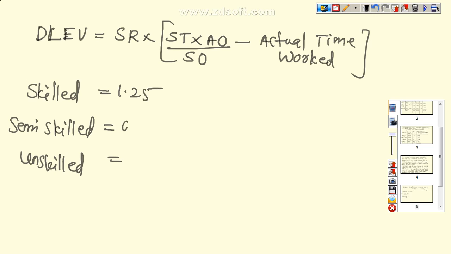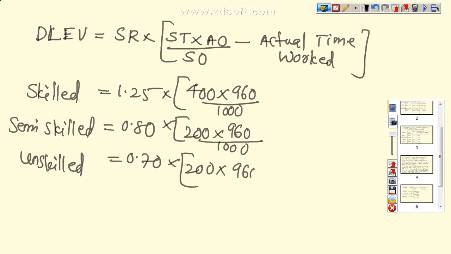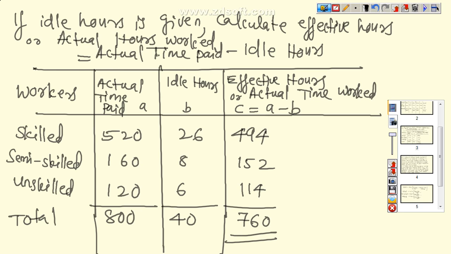So 1.25, 0.80, 0.70 multiplied by standard time, we know 400, 200, 200 into 960 upon 1000, minus actual time worked that we already have calculated: 494, 152 and 114.